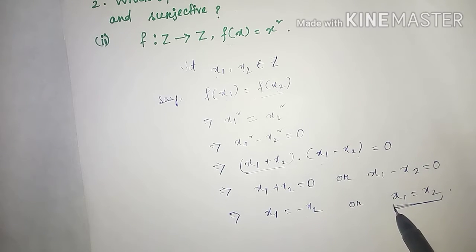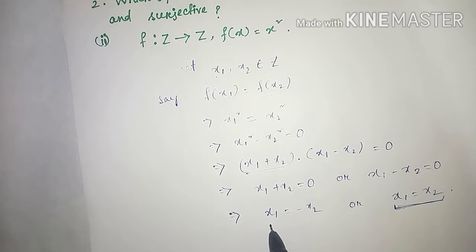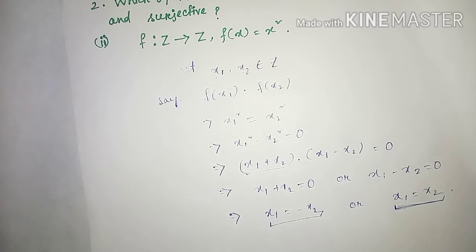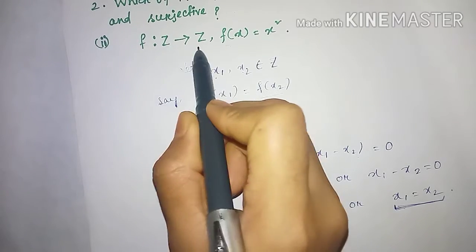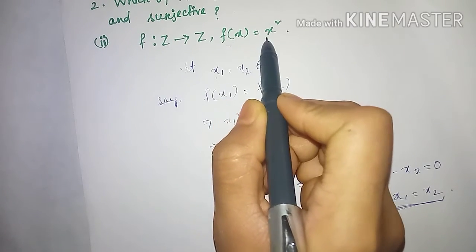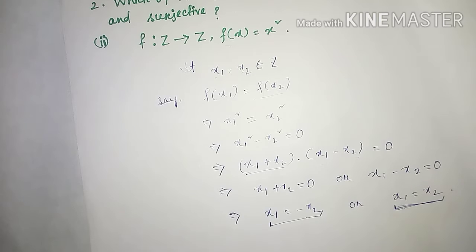This is satisfied, but this is not satisfied as the process to show injectivity. Therefore, this function f from Z to Z defined by f of x equal x square cannot be injective. Therefore, f cannot be injective.